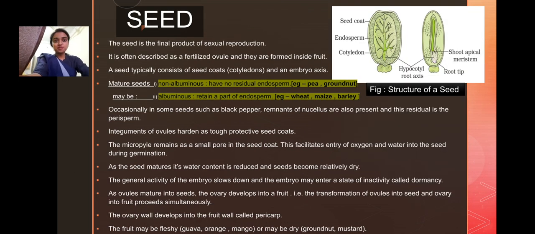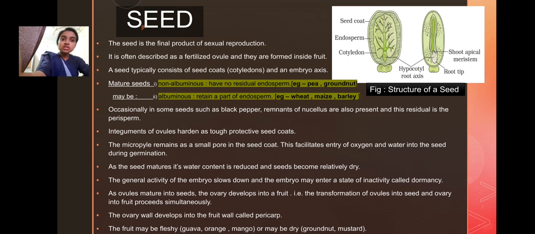Now, the seed. The seed is the final product of sexual reproduction. It is often described as a fertilized ovule and is formed inside the fruit. A seed typically consists of seed coats, the cotyledon, and an embryo axis. Mature seeds can be of two types, non-albuminous or albuminous.